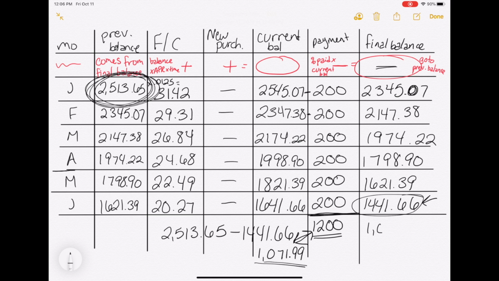So 1,071.99 divided by 1,200 would give us a percentage of 89%. So that's actually pretty high. She was making good payments, and 89% of all of her payments were actually going towards her credit card. We can see the difference, 18% compared to 89%.